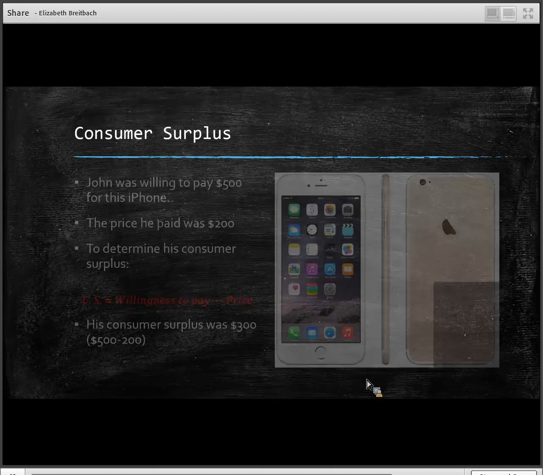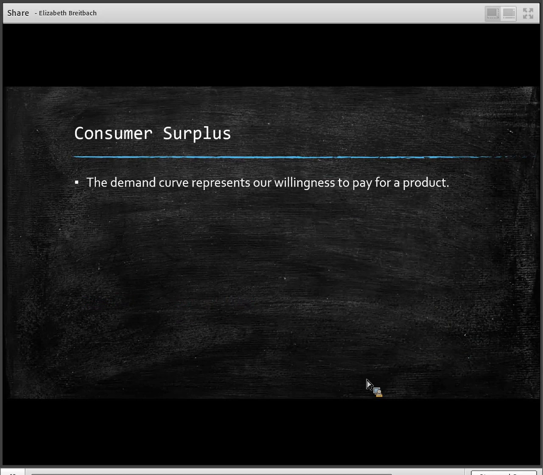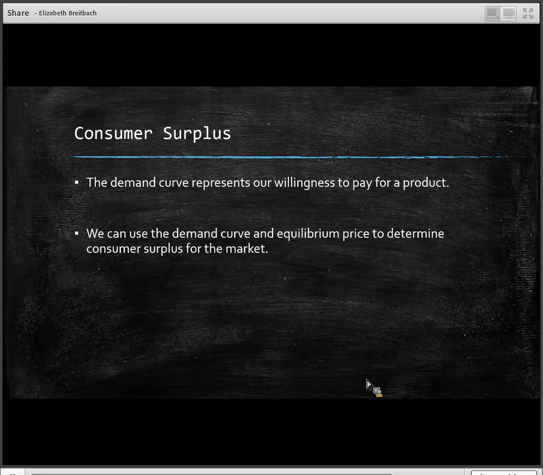That demand curve represents the willingness to pay of all consumers in the market. We're going to look at that demand curve, and that's going to be our upper end portion. That's like the $500 for John. So comparing the demand curve to the equilibrium price will help us determine the consumer surplus in the market.